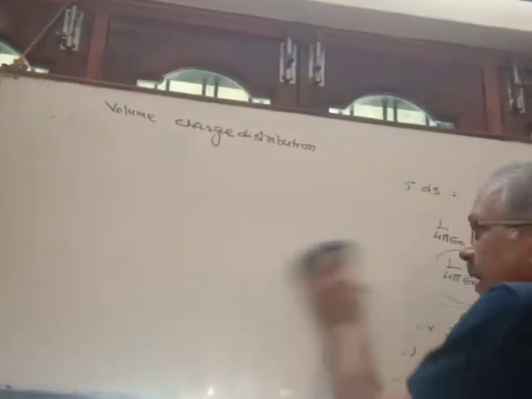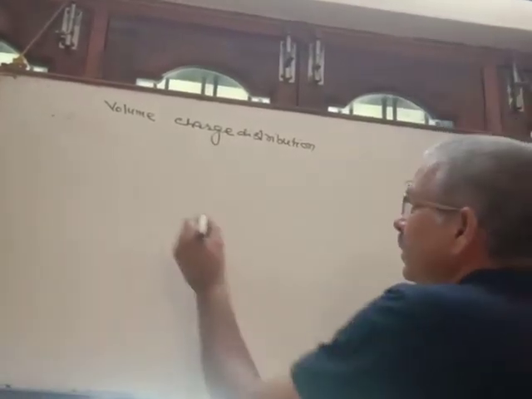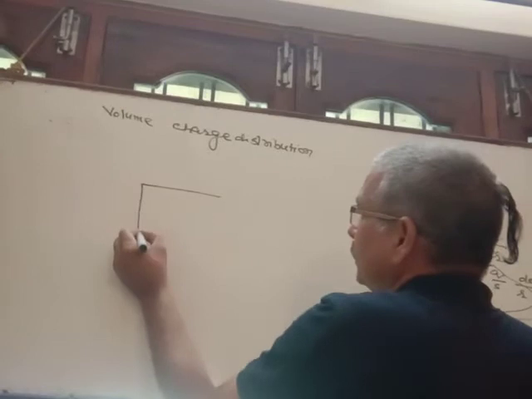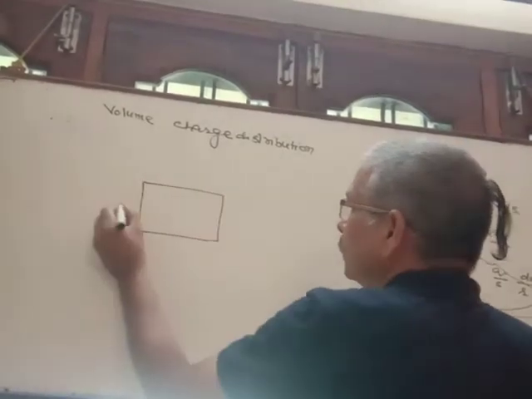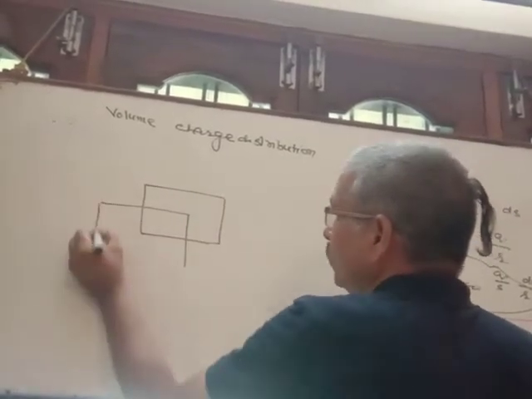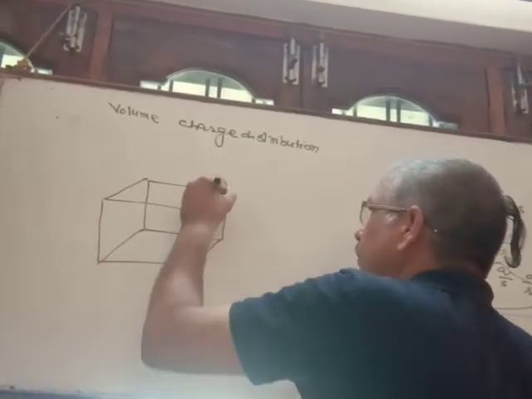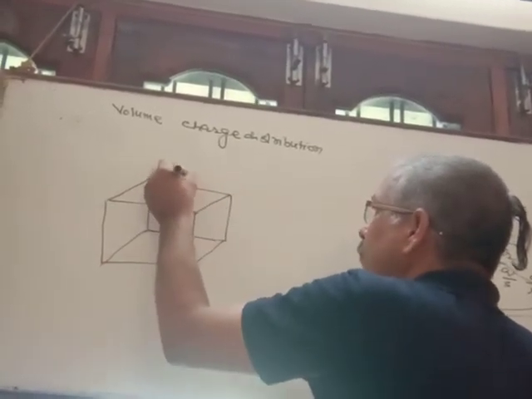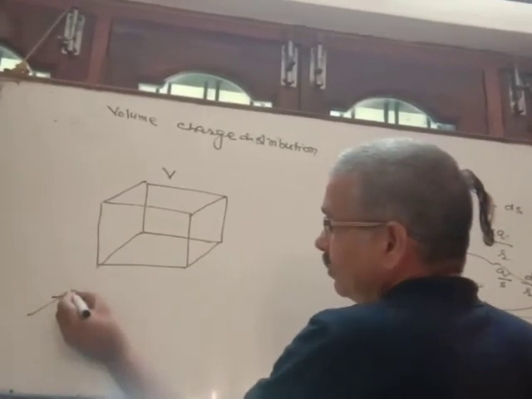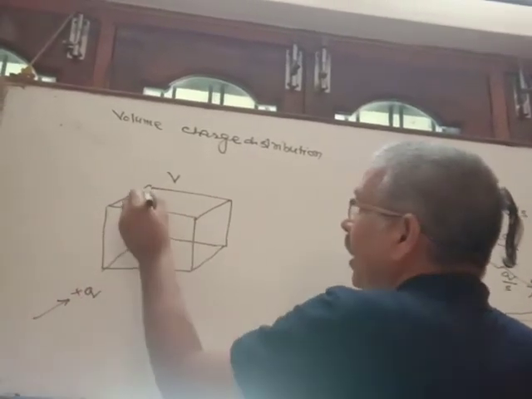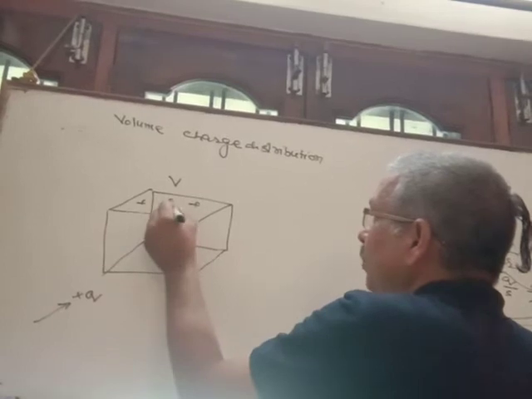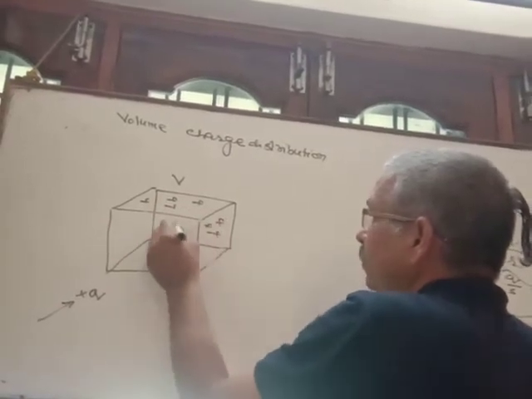So suppose we have a three-dimensional body. Suppose it is a cube of volume V, and charge plus Q is given to it, and this charge is distributed uniformly throughout its volume.